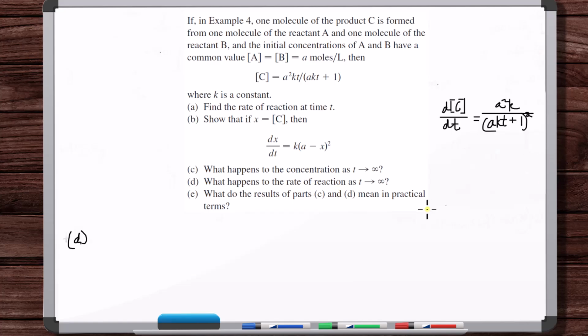So there's the rate of reaction. What is the limit as t approaches infinity of dC/dt?